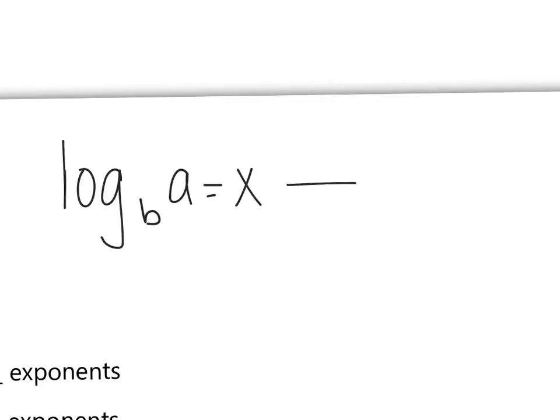Can be rewritten, or is the same thing as b to the x power equals a. Log base b of a equals x is the same thing as b to the x power equals a.